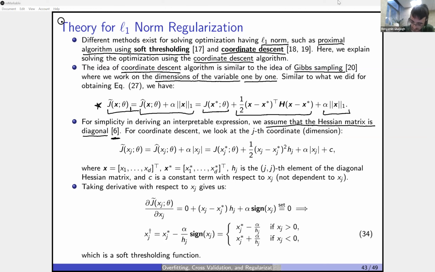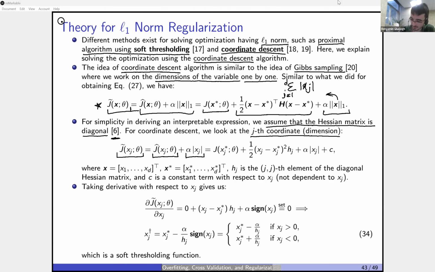Okay, for coordinate descent, we look at the jth coordinate or dimension. Let's take a look at that. So J tilde at xj, which is the jth dimension of x, equals J hat at xj plus alpha times the absolute value of xj. Why? Because the L1 norm of x equals the sum over j from 1 to d of the absolute value of xj.